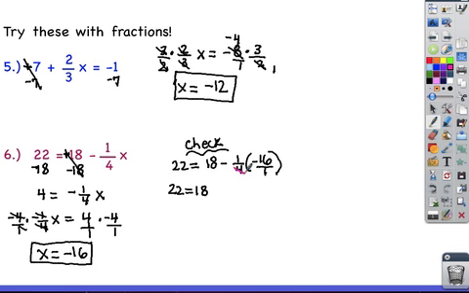So I've got my 4, which could be like 1, and my negative 16, which becomes negative 4. Now when I multiply negative 1 times negative 4, I get positive 4 over 1, or positive 4. So 22 equals 22, which works.